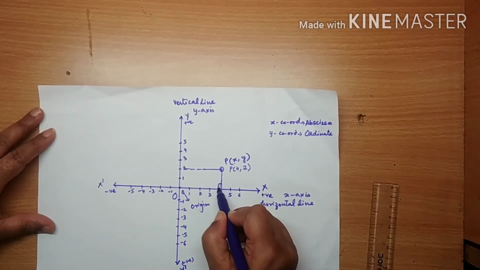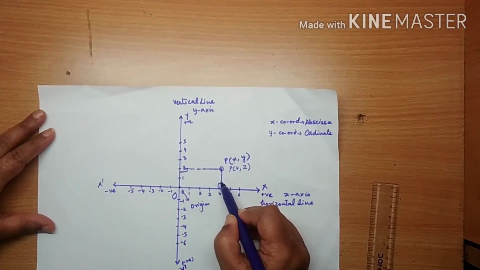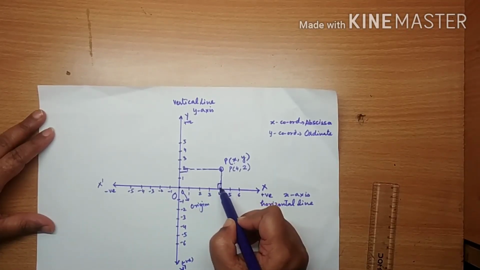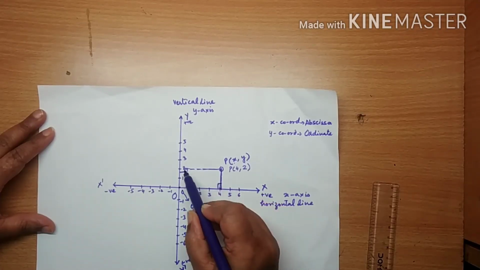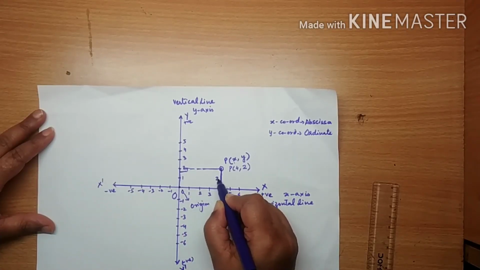Actually, if we drop perpendiculars to both the axes, see, if I drop a perpendicular to x-axis. Now this is the perpendicular distance of the point P from x-axis, this distance. And what is this distance? This distance is 2 units.